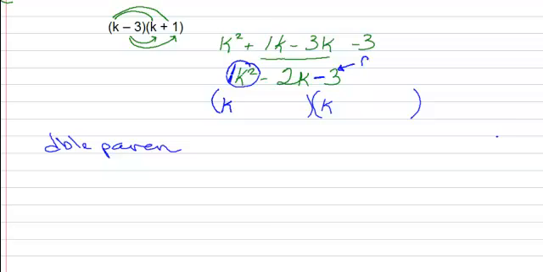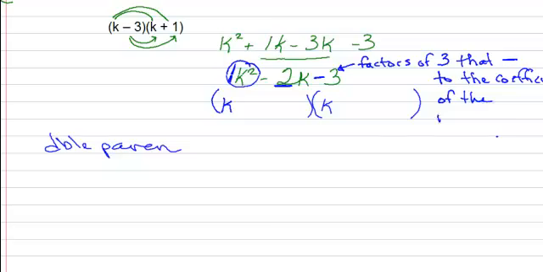So we're looking for factors of 3 that subtract to the coefficient of the middle term. So we say, what are the factors of 3 that subtract to 2? This is fairly obvious because there's only really one set of factors of 3. So the factors of 3 that subtract to 2 are 3 and 1.